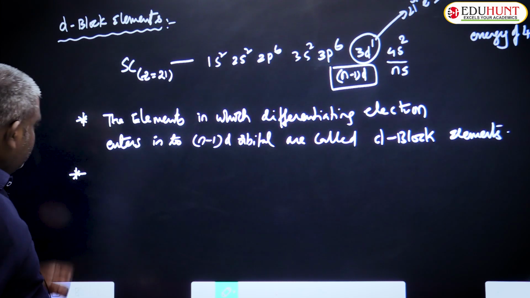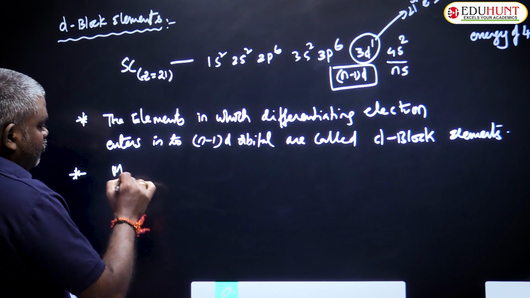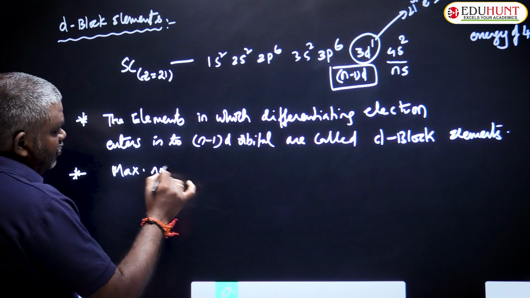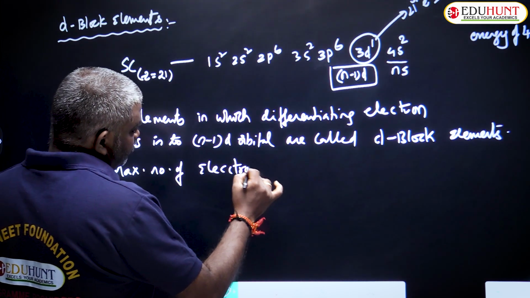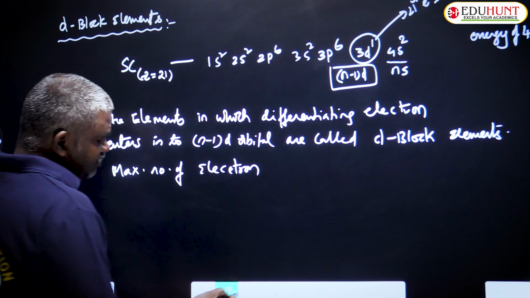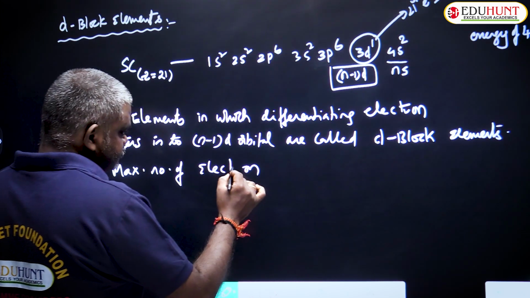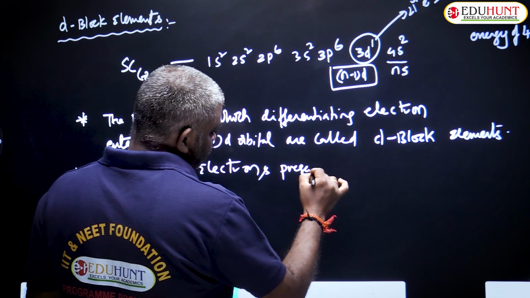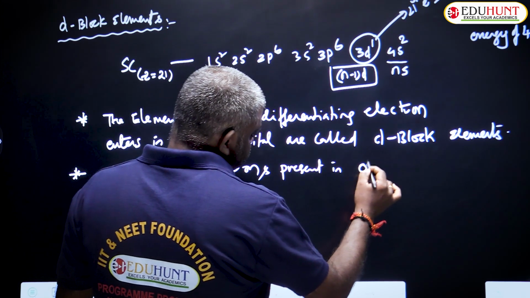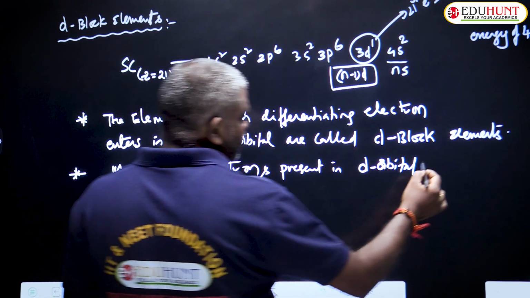Second point, the maximum number of electrons present in d orbital is equal to 10.